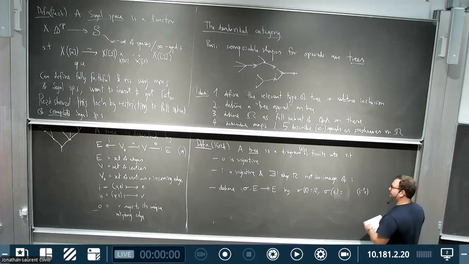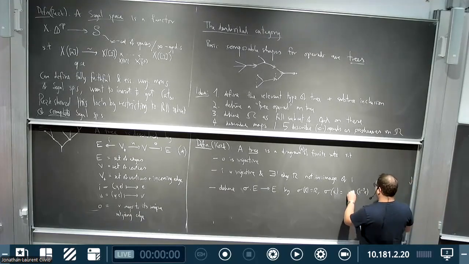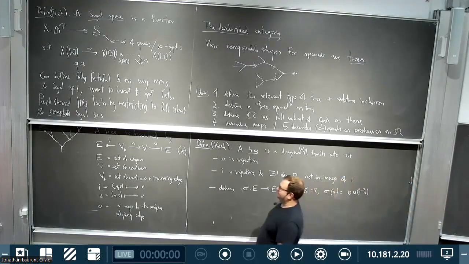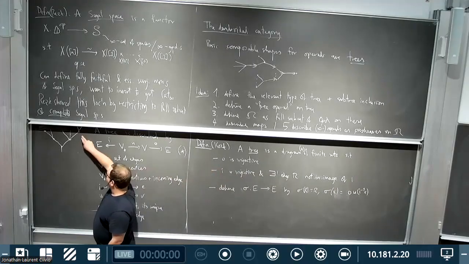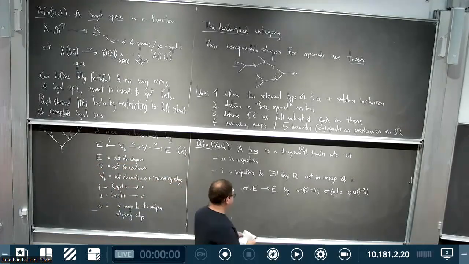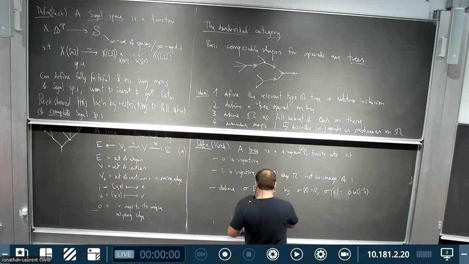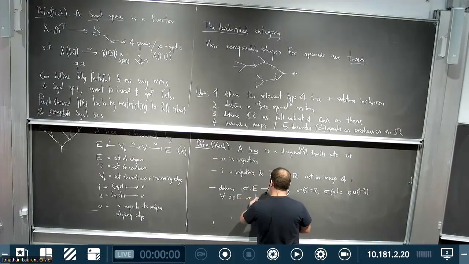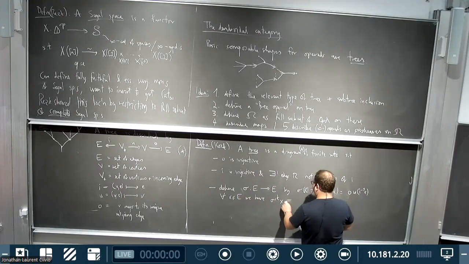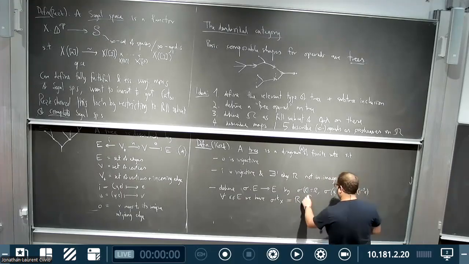And so I can take U of I inverse of x, which is to say, if I start with an edge, I look at which vertex it was incoming from, and then I take the outgoing edge of that vertex. And then the condition is that for every edge x, if I iterate sigma enough times, I have to end up at the root.